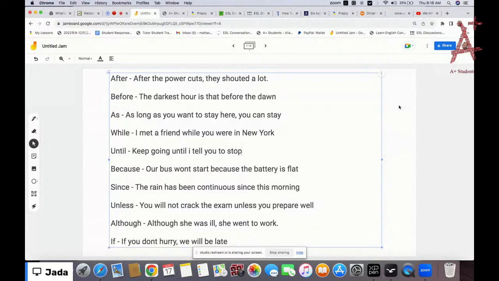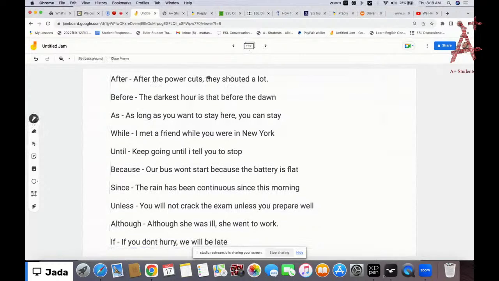I'm just going to let you know that before every subordinating conjunction, you have a dependent clause. Without the subordinating conjunction, the dependent clause cannot stand alone. So we have examples here. That's why I wrote them down. So the first one is after.